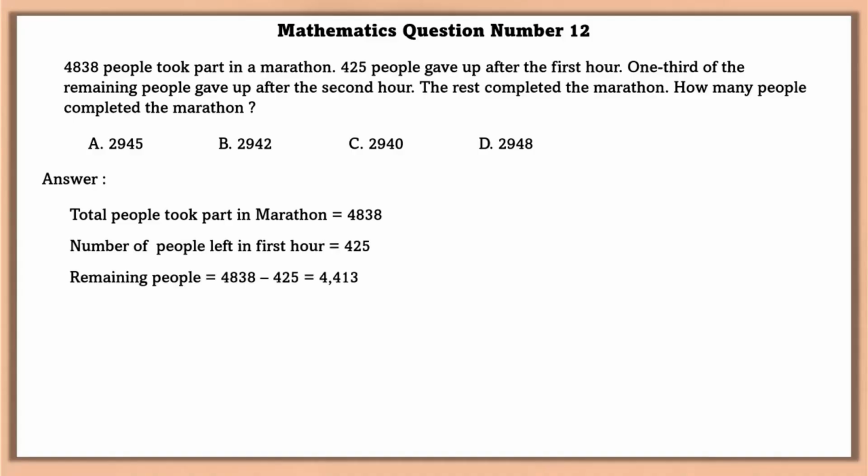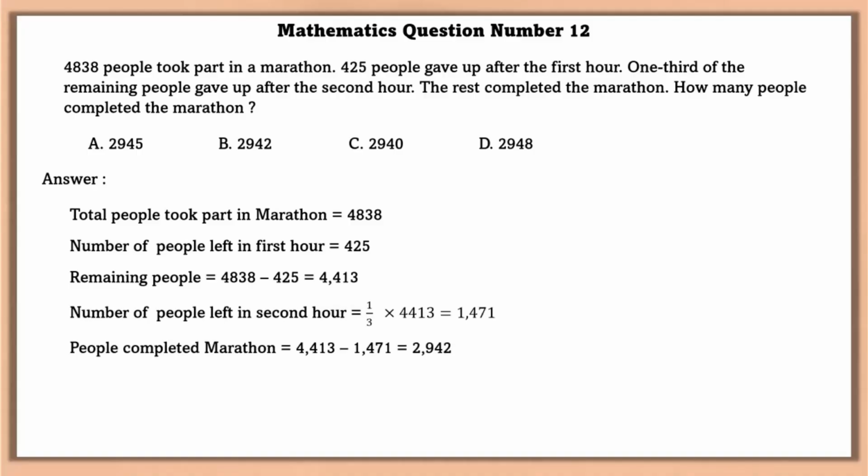That means the remaining will be 4,413. And in that 1 by 3 of 4,413, people gave up after the second hour. So 1,471 people left. Therefore, the remaining people after the second hour is equal to 2,942. So these many people completed the marathon.